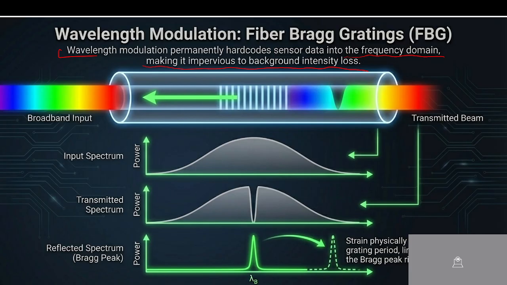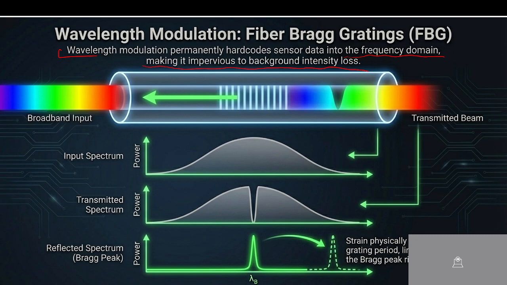Whether the intensity is very low or very high, it doesn't matter. The only thing that matters is the frequency domain where it is shifting, and what it shifted because of.